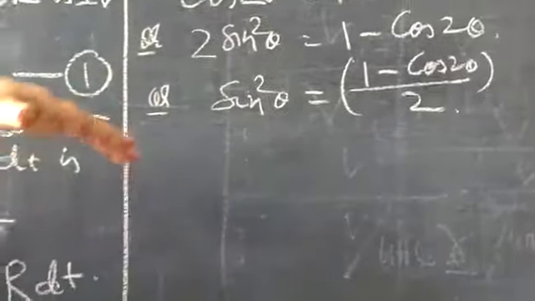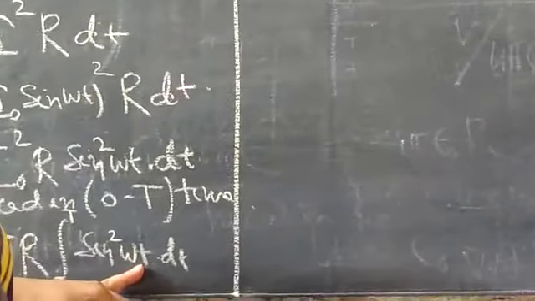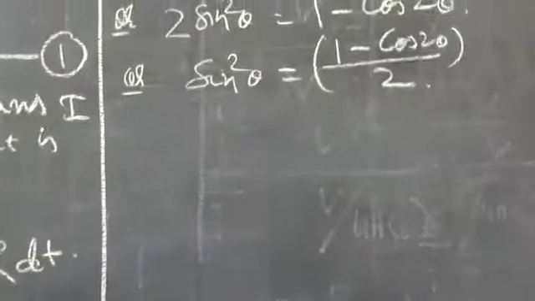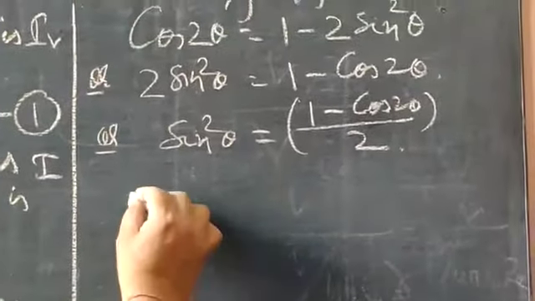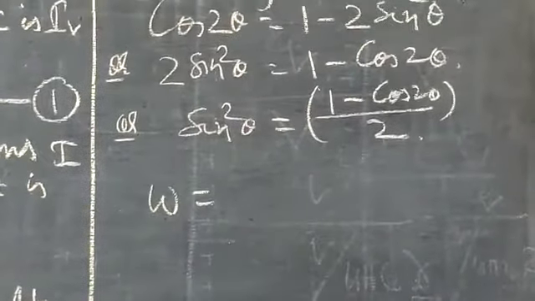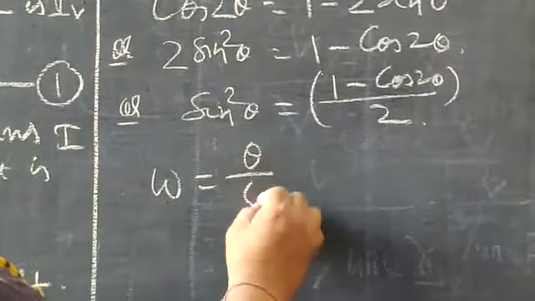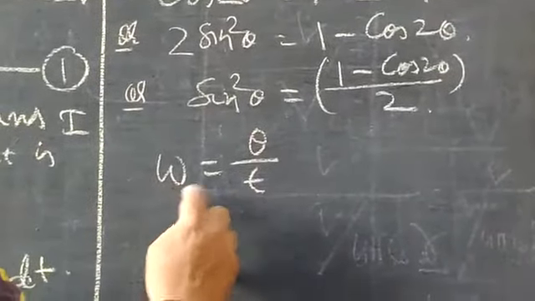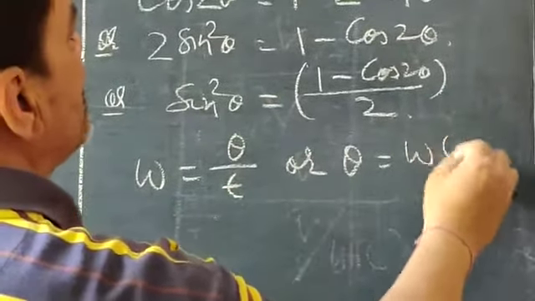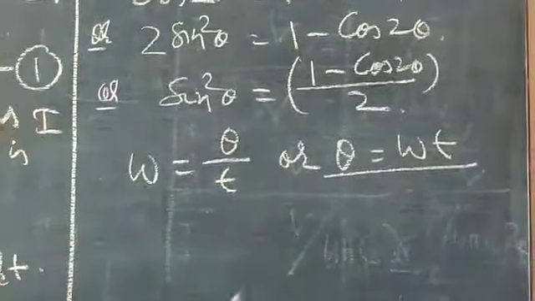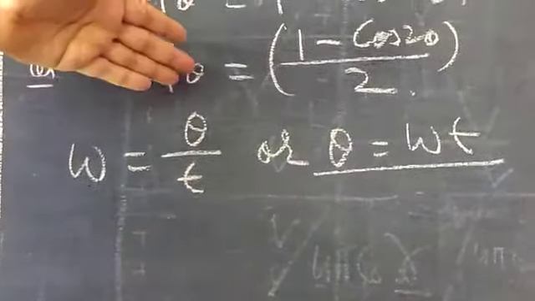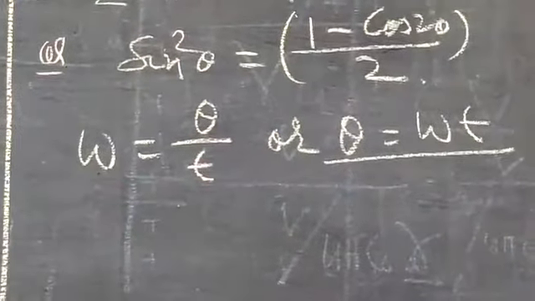Here omega t is theta, since omega, the angular velocity, is defined as the angle subtended per unit time. So omega is theta upon t, or theta is equivalent to omega t. So in place of theta we can write omega t.